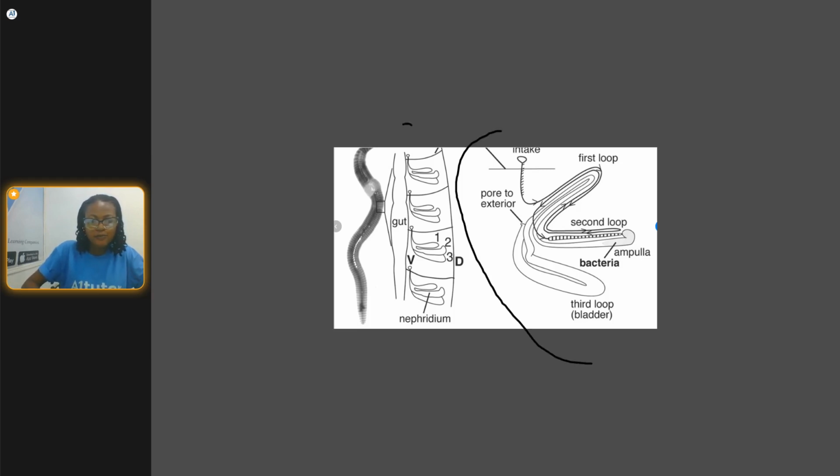You can see you have many nephridium, so the collection is what we call nephridia. Just one of them is what we brought out here. I hope you understand what I mean.